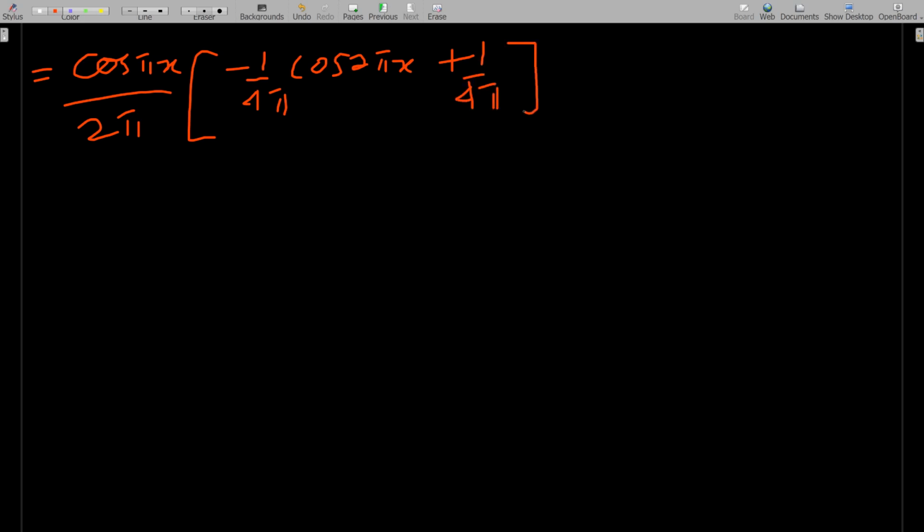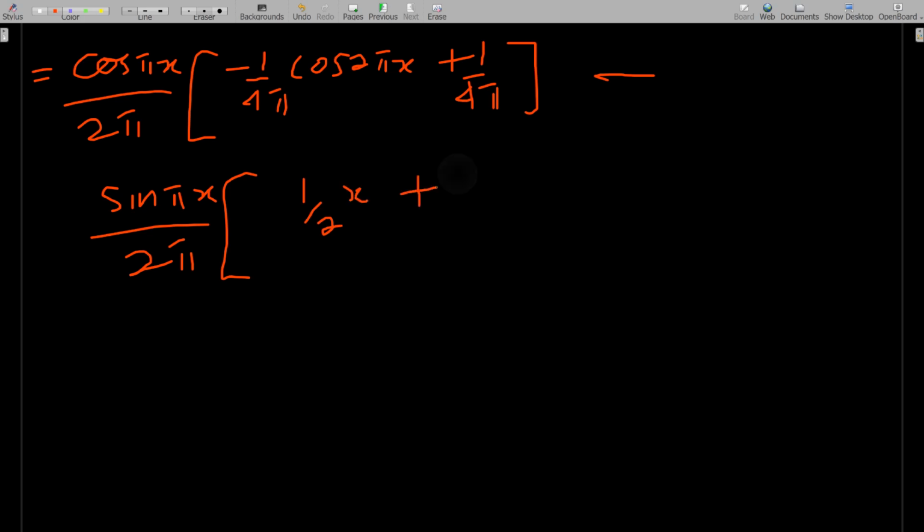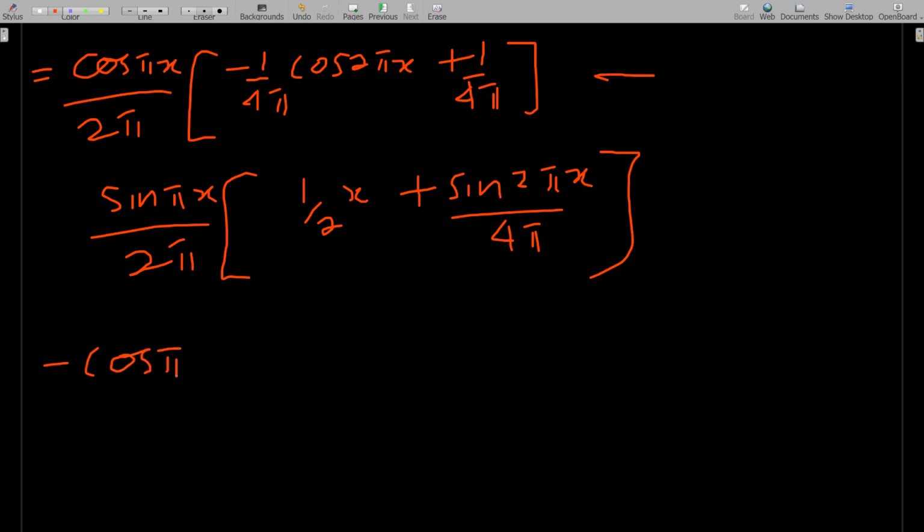Okay, and minus sine of pi x over 2 pi into half x plus sine 2 pi x over 4 pi. Okay, so you expand this and simplify, you get minus cos pi x, okay, cos 2 pi x over 8 pi squared.